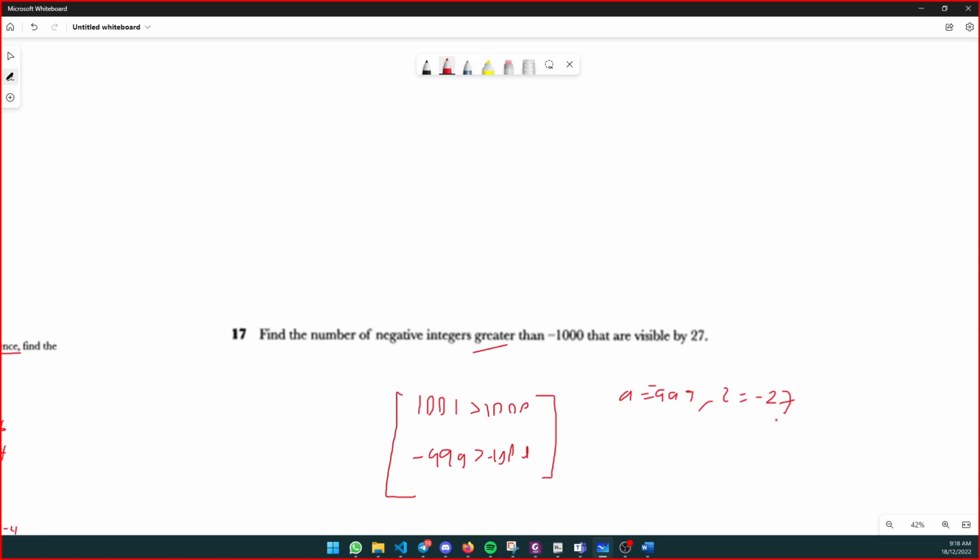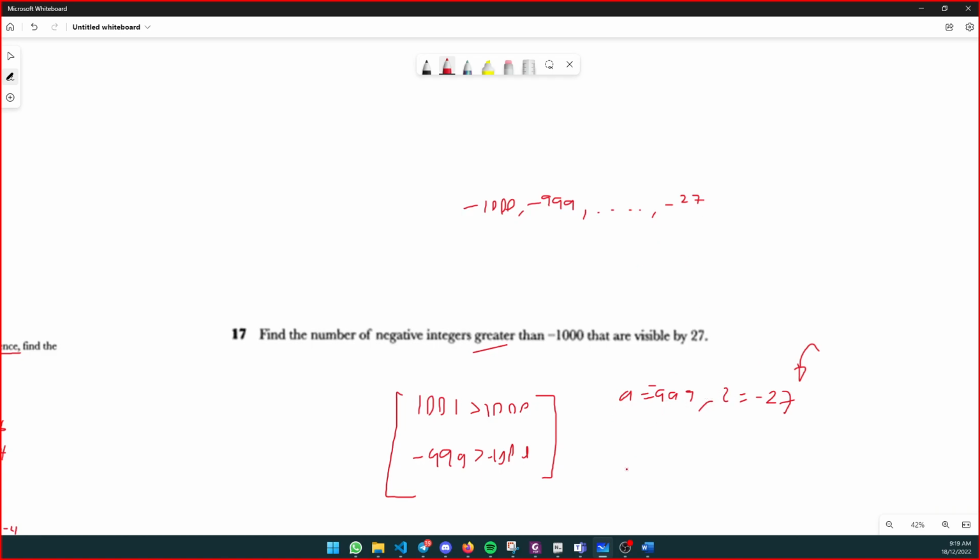The largest negative number that is divisible by 27 is negative 27. This is the biggest number we can find. If you start from negative 1000 and count down, negative 999 and keep going, the largest such number is negative 27.